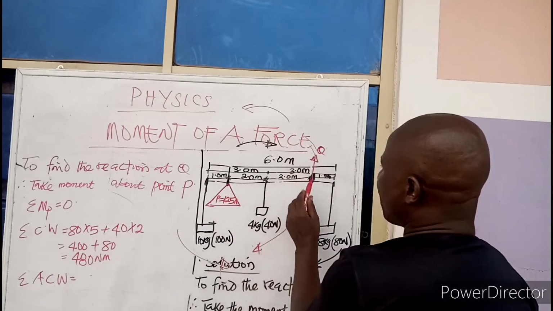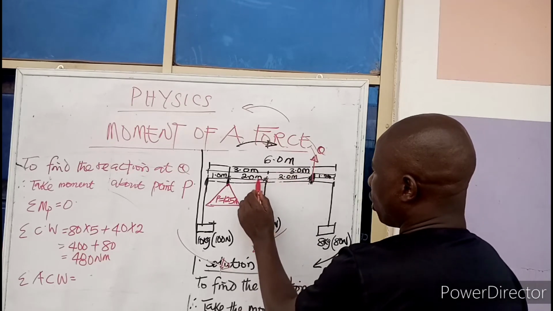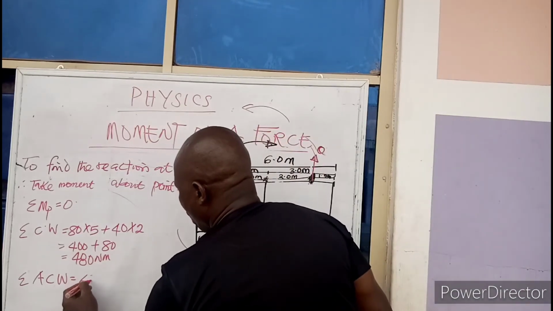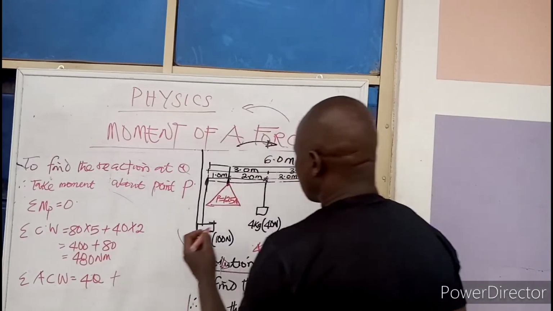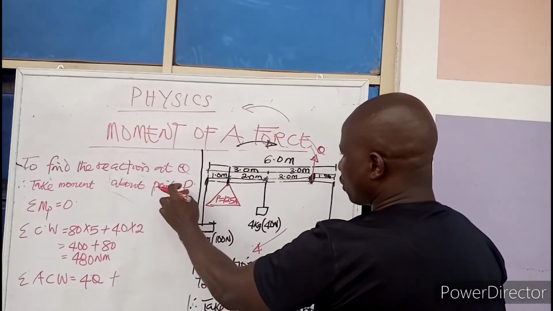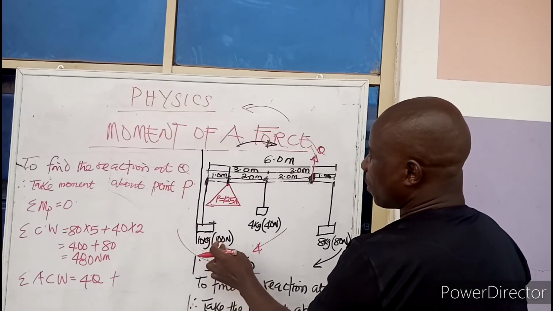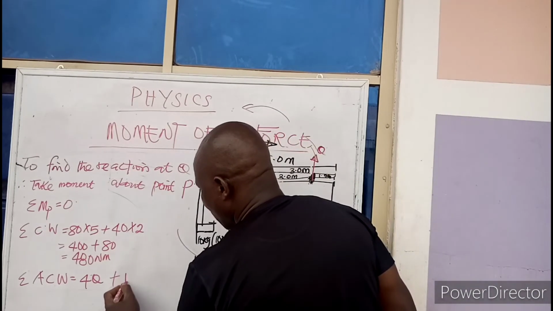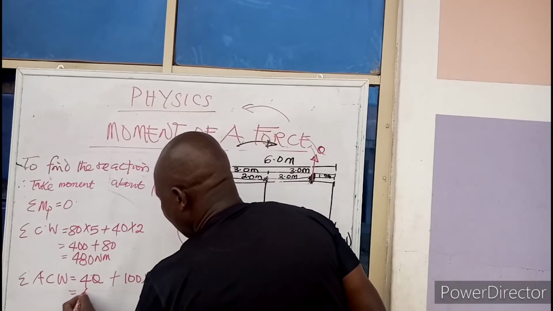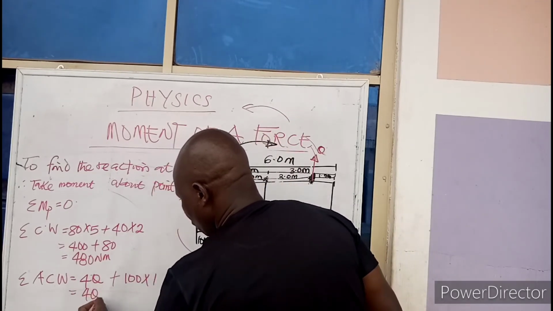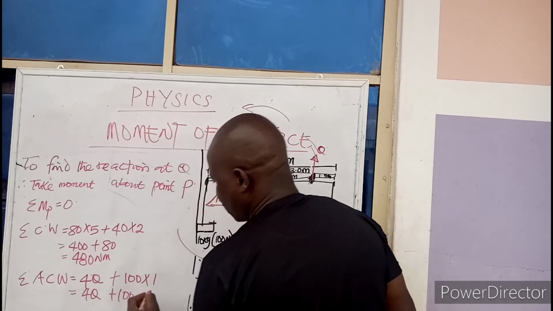Q times what's the distance? 2 plus 2. That is 4Q. 4Q plus, you know this one has gone this way, and this one too is going the same direction. That is 100 times 1. So here we now have 4Q plus 100.